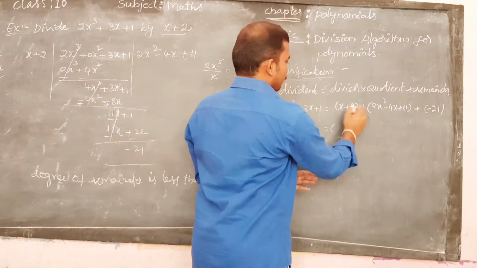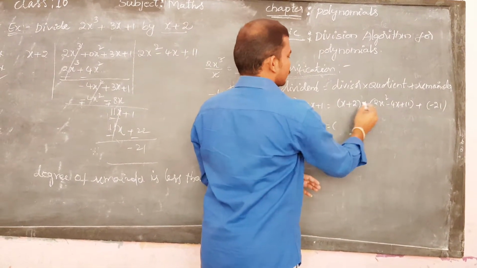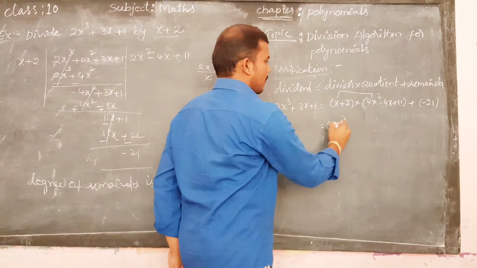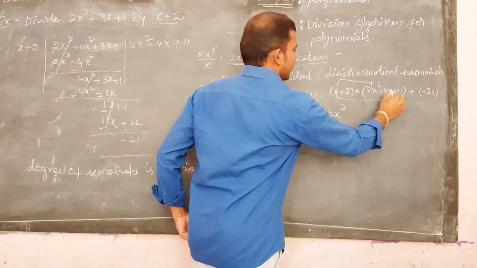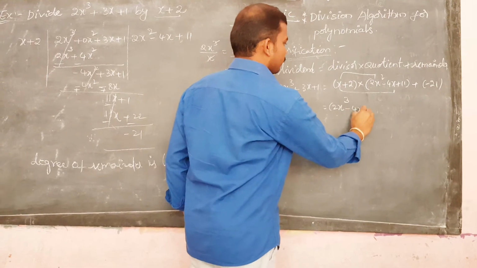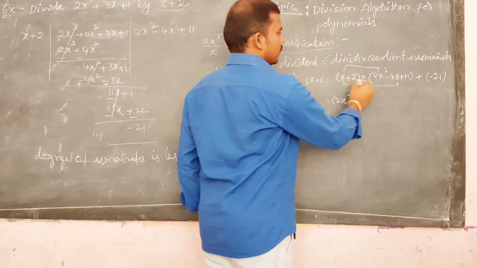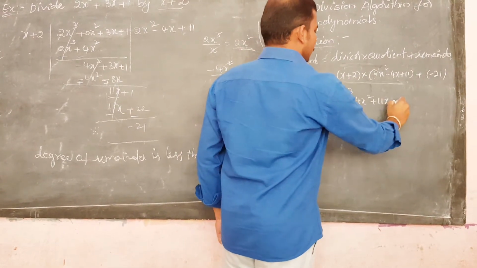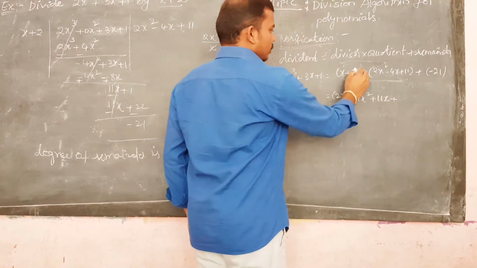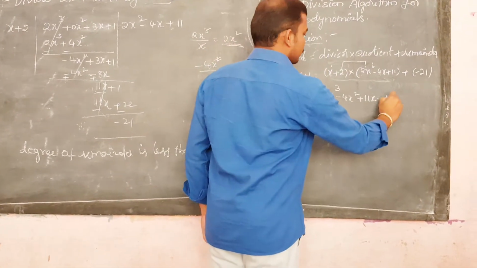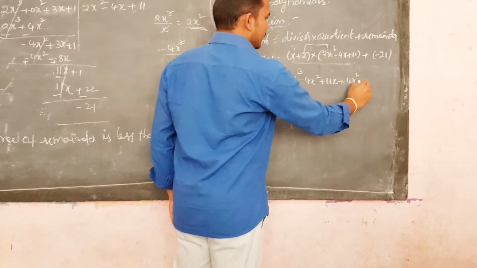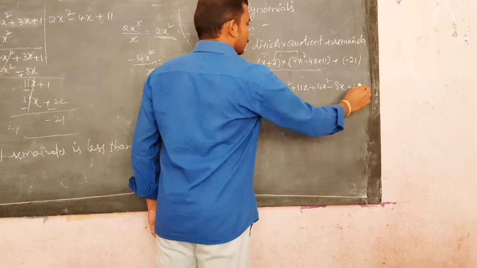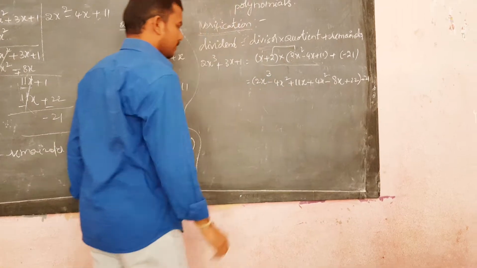Multiplying both terms: x into 2x square is 2x cube, x into minus 4x is minus 4x square, x into 11 is 11x. Then 2 into 2x square is 4x square, 2 into minus 4x is minus 8x, 11 into 2 is 22, minus 21.